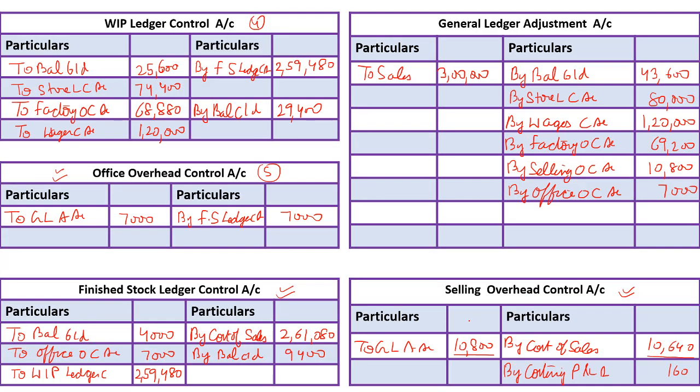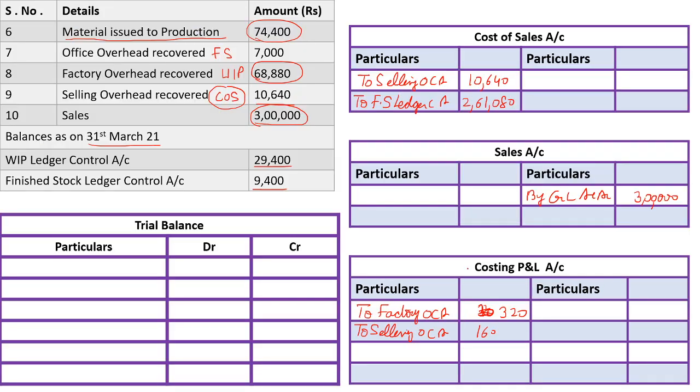Now our next two accounts are cost of sales and sales. The balances of these two accounts are transferred to costing P&L to find out the profit in the cost books. So first we transfer the balance of cost of sales.